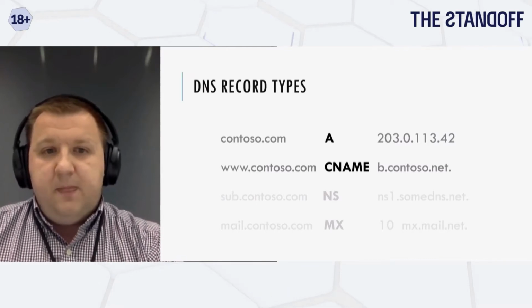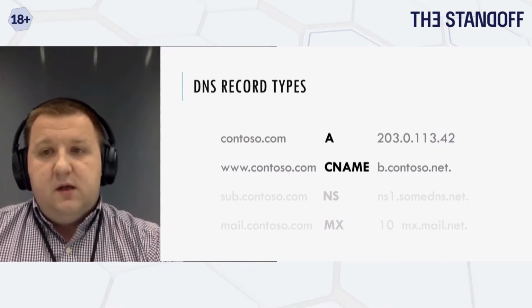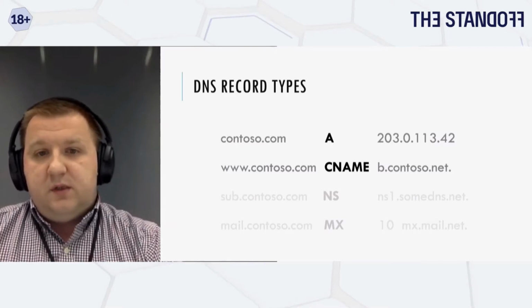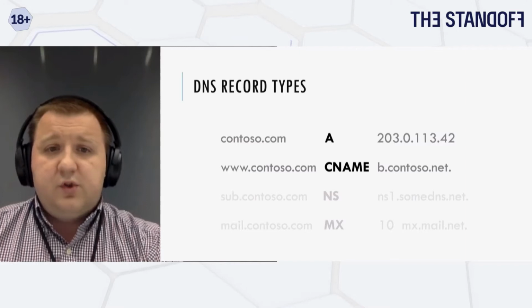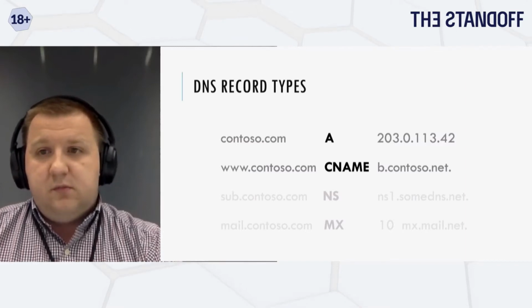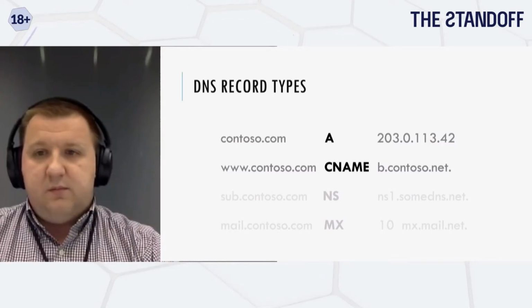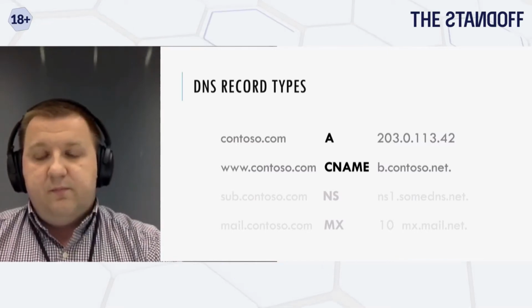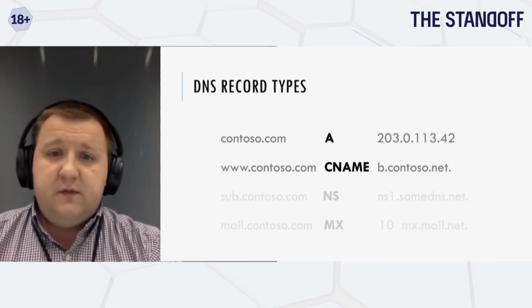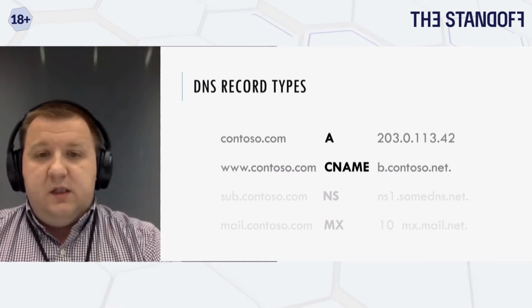I am primarily interested in record type A, and this is a simple juxtaposition of a name to an IP address, and a single name can be associated with numerous type A records. Another record type is CNAME.